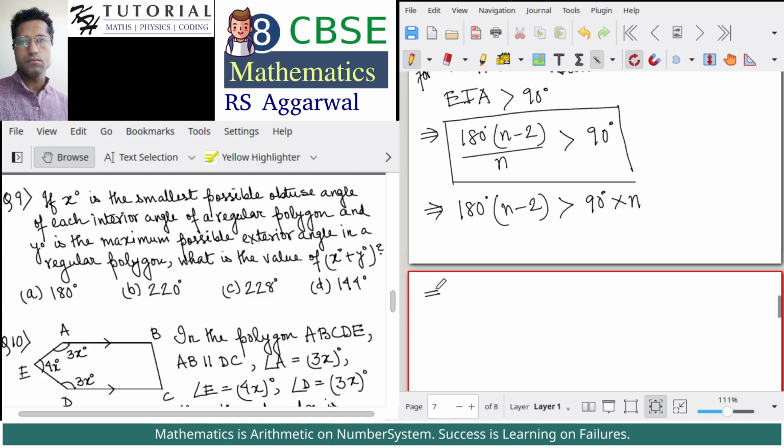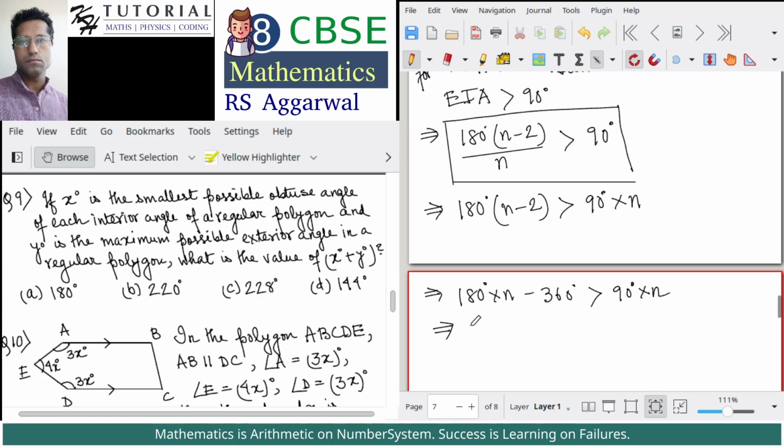Now this implies, if I simplify the left hand side, it is 180 degree multiplied by n minus 360 degree is greater than 90 degree multiplied by n. In an inequality also you can transpose terms from one side to the other side.